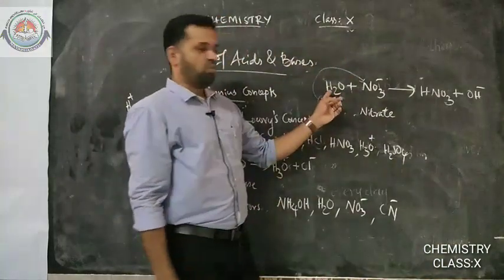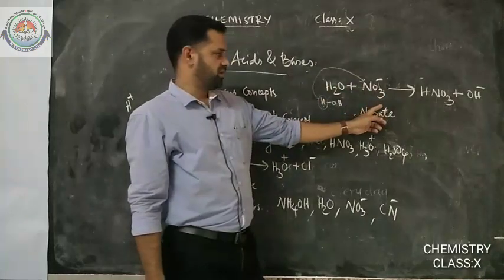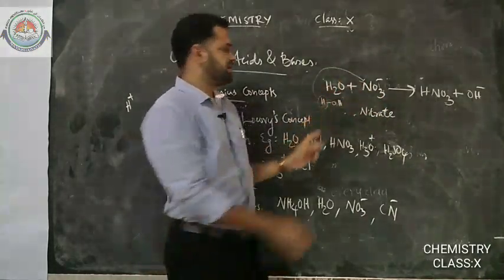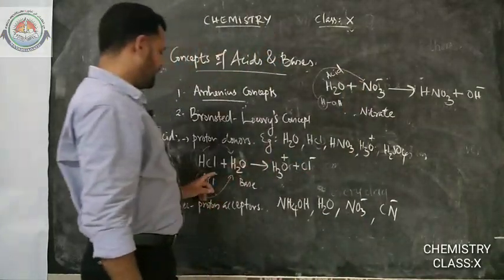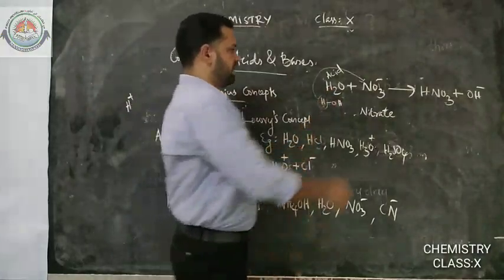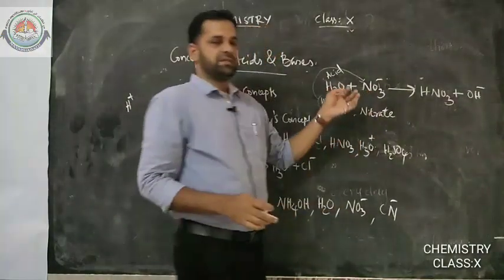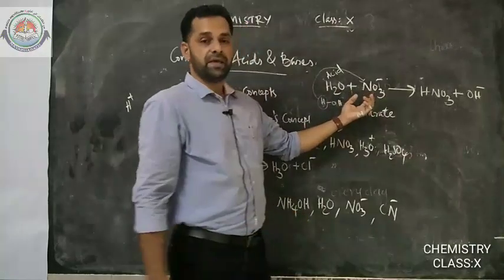So here water donates its H plus ion to NO3 minus ion. So here water acts as an acid. And here NO3 minus ion accepts one proton and hence it is a base.